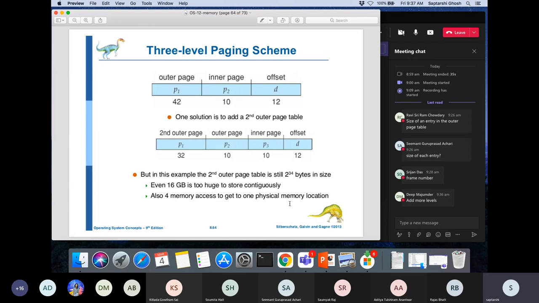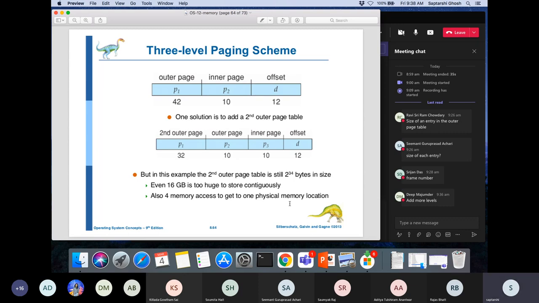You access that, and it gives you the address of a page of the next level page table. You access that, and then you get the address of the data. So for each memory access, now we require 4 memory accesses, 3 to the page tables and 1 to the data. Clearly, this is not feasible, right?